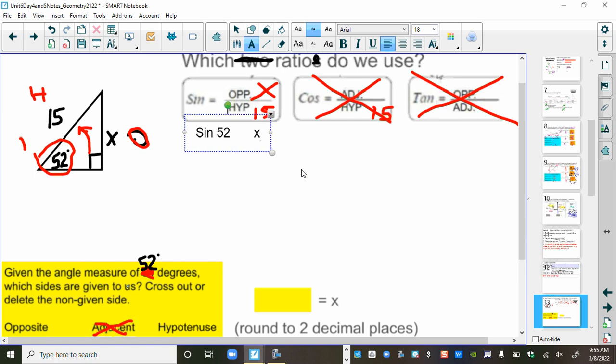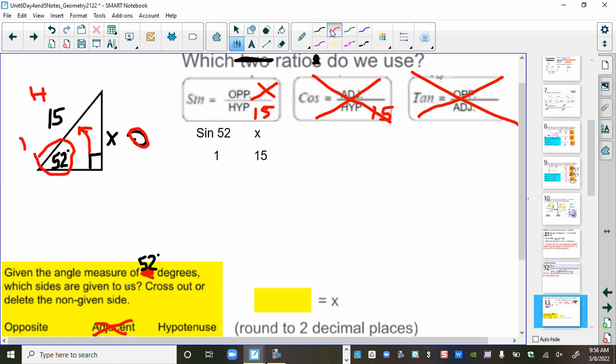On top, you have the X. Now, what did we say? What can we put under the sine of 52 to make it look like a fraction? What number? Put a 1 underneath. And I'll fill this out in a second. So our proportion is going to look like the following. Sine of 52 over 1 equals X over 15.